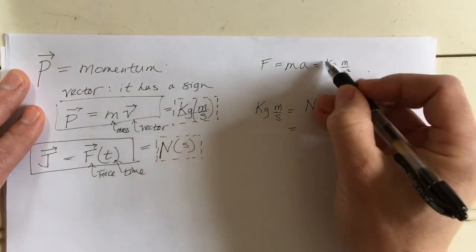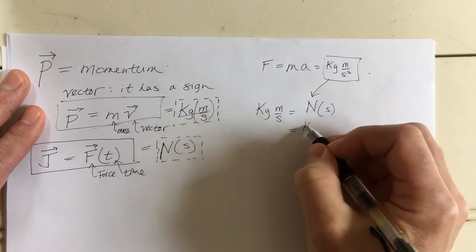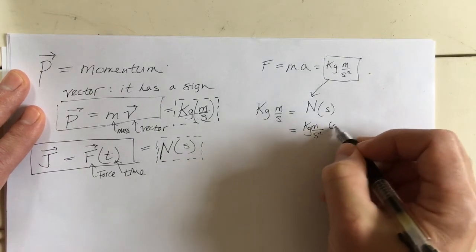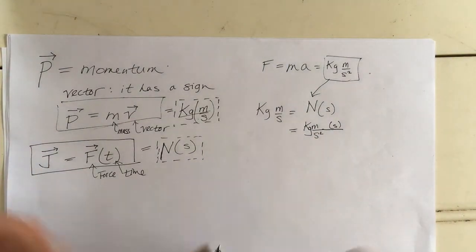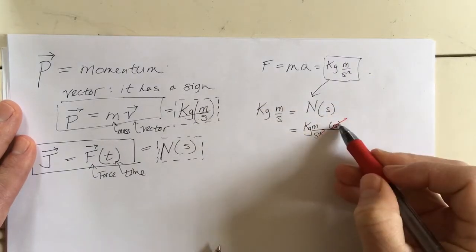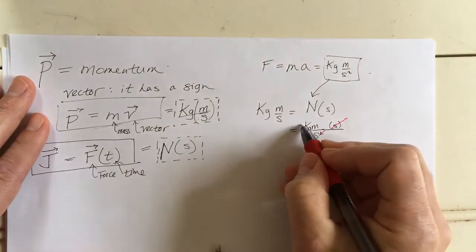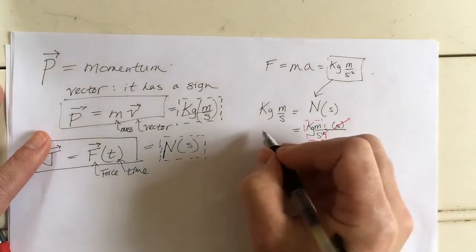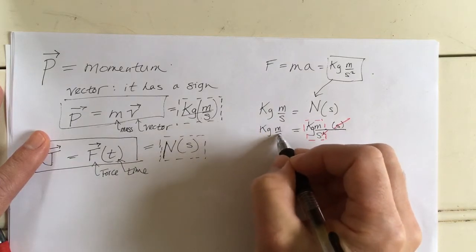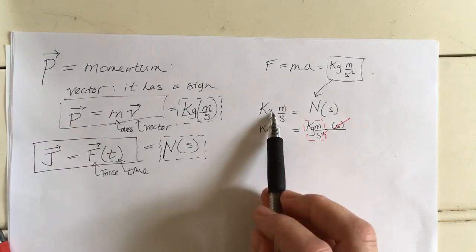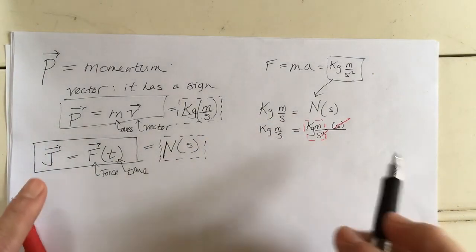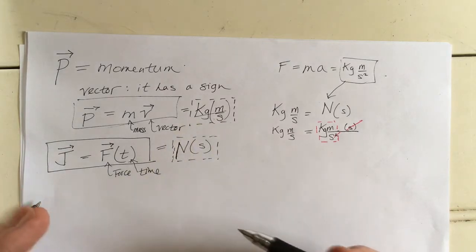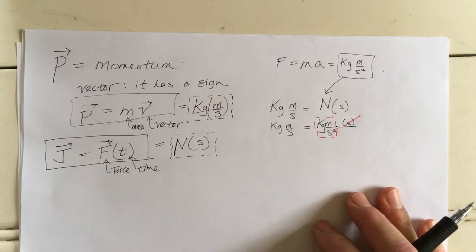If I plug that in, kilograms meters per second squared times seconds, I can cancel a second off the top and the bottom. What I'm left with is the same as the units for momentum, which are kilograms meters per second. So these two are equal. Anytime we see kilograms meters per second or newton seconds, they're the same thing. Generally, we stick with newton seconds for impulse and kilograms meters per second for momentum, but the two are related, and that's important to see.